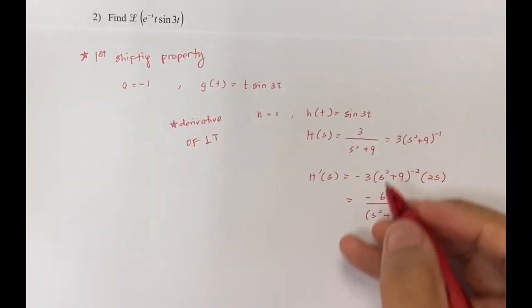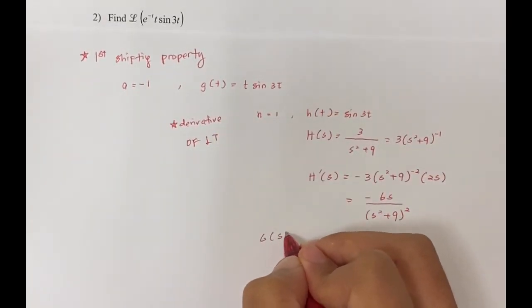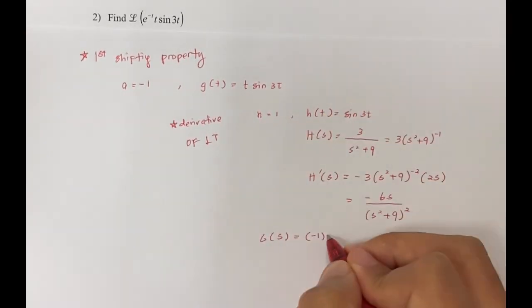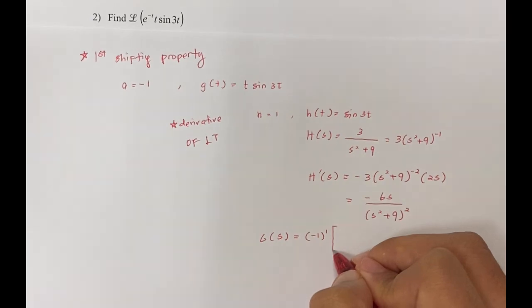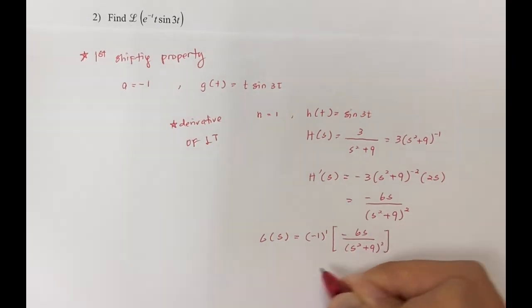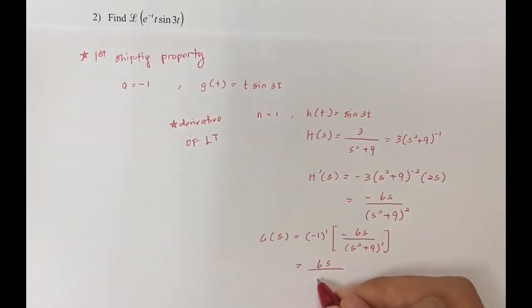Okay, my G(s) is equal to negative 1 to the power of 1, multiplied by negative 6s over (s squared plus 9) squared. So my G(s) is 6s over (s squared plus 9) squared.